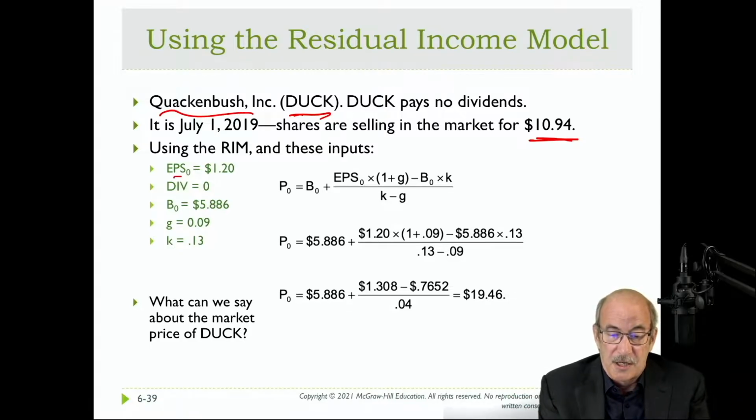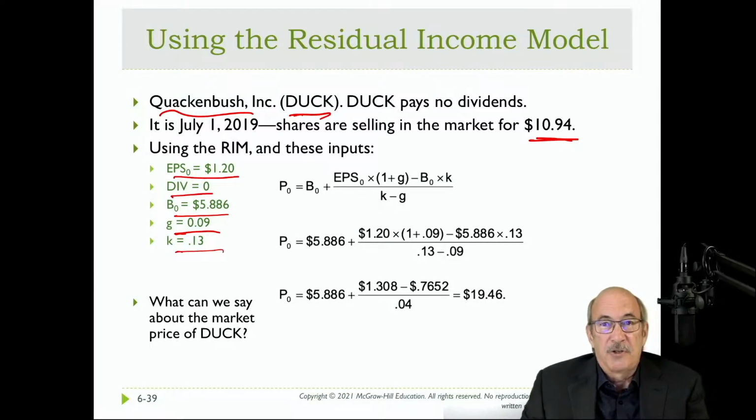So we've got the current earnings of $1.20. This is a company that doesn't pay a dividend. And we have a book value of equity of $5.886 per share. And we have a growth rate of 9% and a required rate of return, or a K, of 13%.